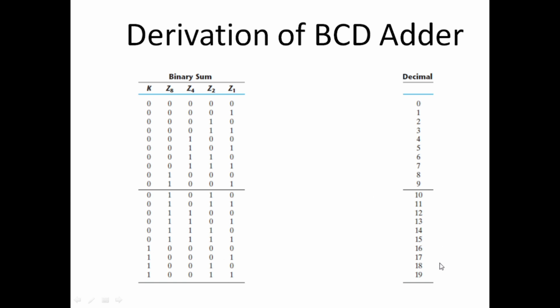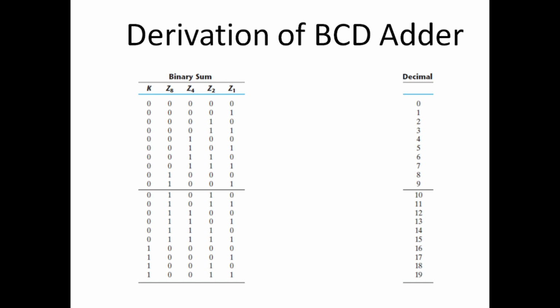So whenever two digits are given as input to the binary adder, we are assuming that we have a 4-bit binary adder, and at each input the maximum number that can be given is 4 bits.